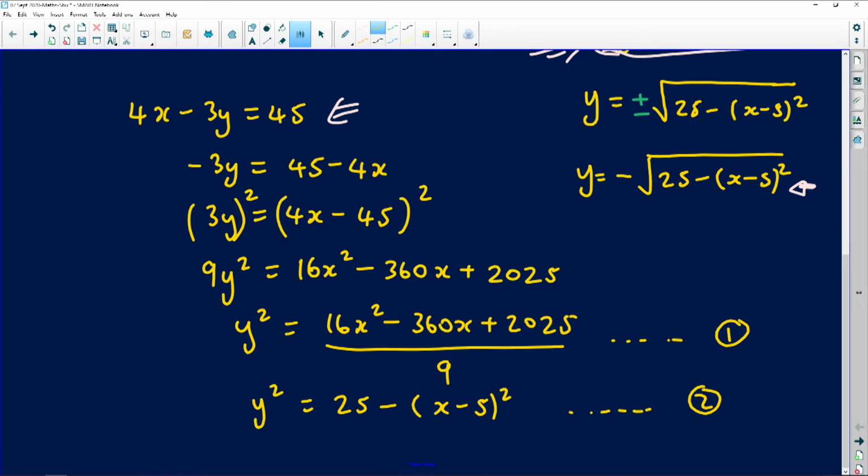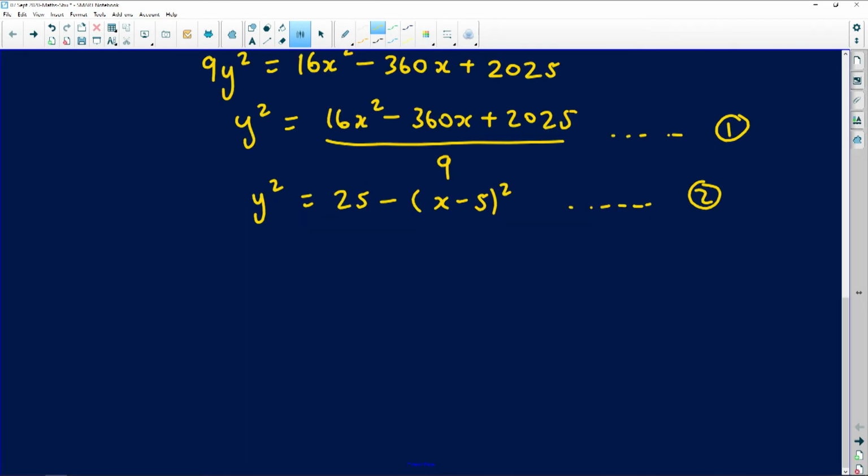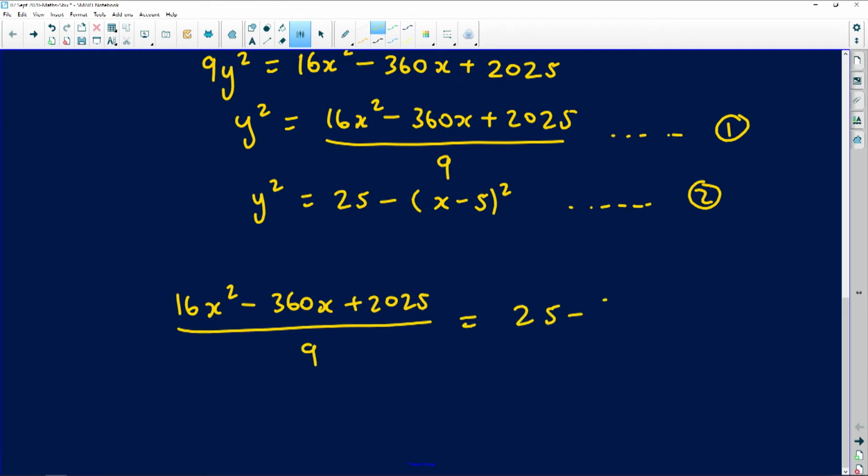Well, they're both y squared, so I can simply equate them. That means I now have 16x squared minus 360x plus 2025, everything over 9, is equal to 25 minus, let's work out the square, x squared minus 10x plus 25.